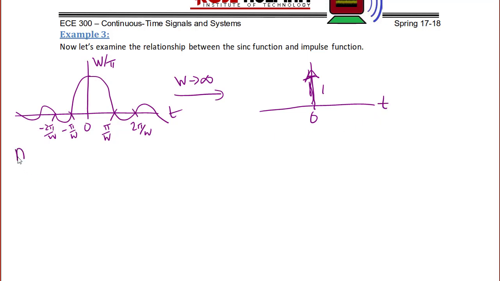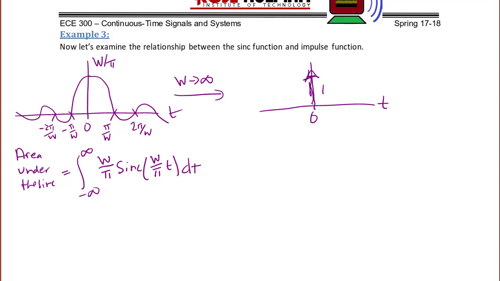So we're going to find the area under the sinc, which is going to be equal to the integral from minus infinity to infinity of w over pi sinc of (w over pi)t dt, which equals the integral from minus infinity to infinity of w over pi sinc of (w over pi)t, e to the negative j0 dt.